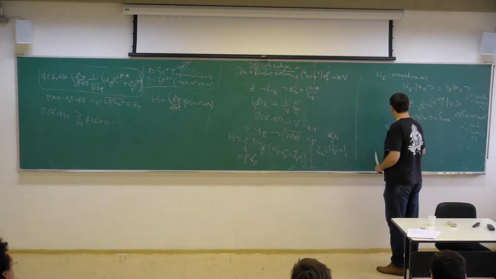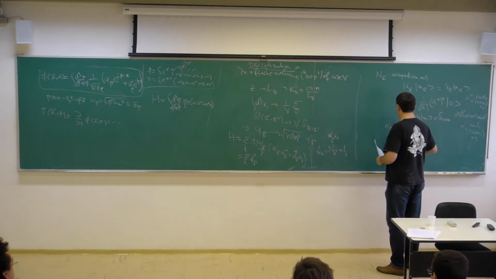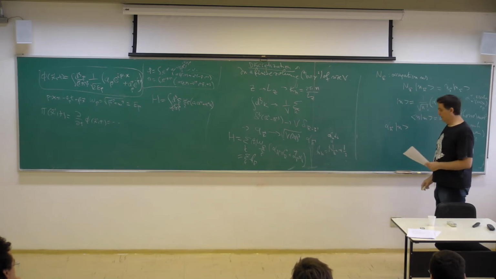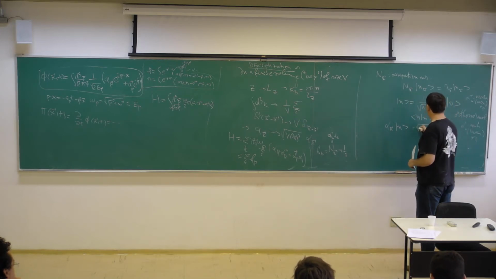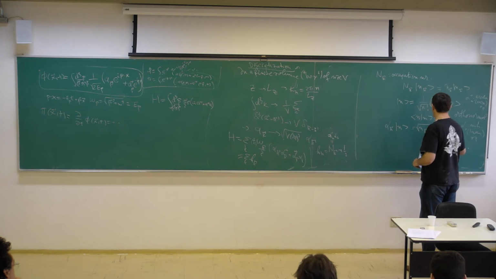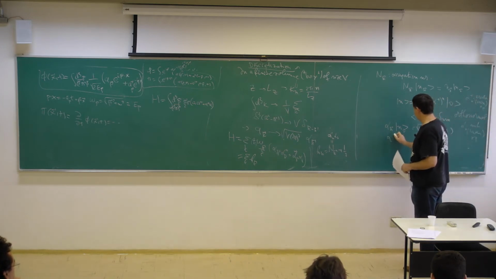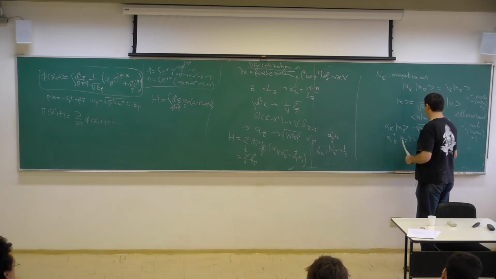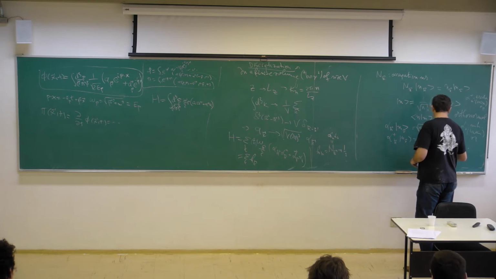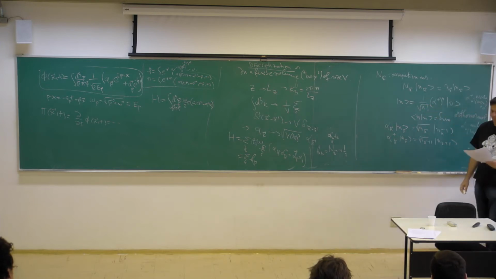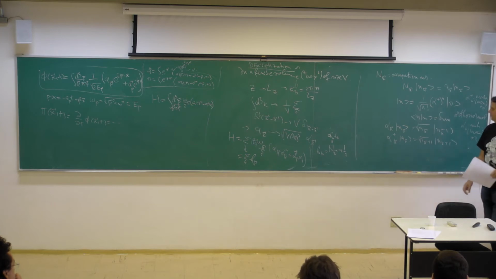That is to say, alpha k acting on n k gives square root of n k times the state n k minus 1, right? Whereas alpha dagger acting on n k gives square root of n k plus 1 times the state n k plus 1, right?